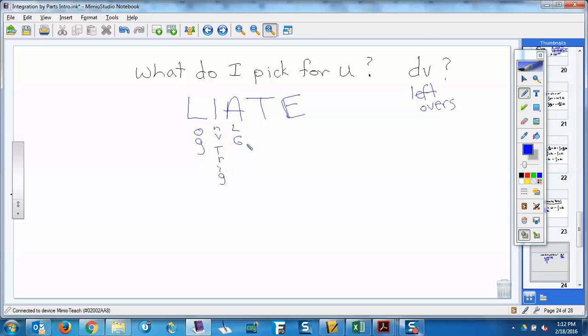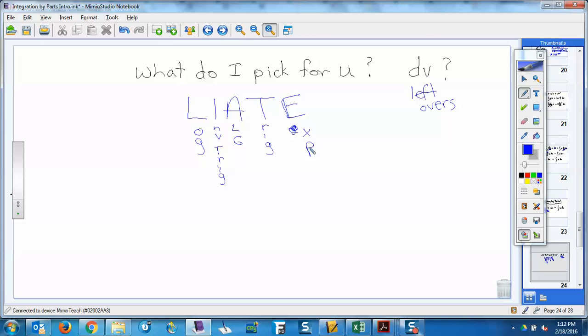X squared, x cubed, they're easy to do the derivative and easy to do the antiderivative. We could go either way with those. T is for trig, like your sine and cosine. Those are easy to do the derivative, but pretty easy to do the antiderivative also. And E is for your exponential, like e to the x. Those are really easy to do the antiderivative on, so those would be the last thing we'd want to pick for u, because we're going to do the derivative on those.